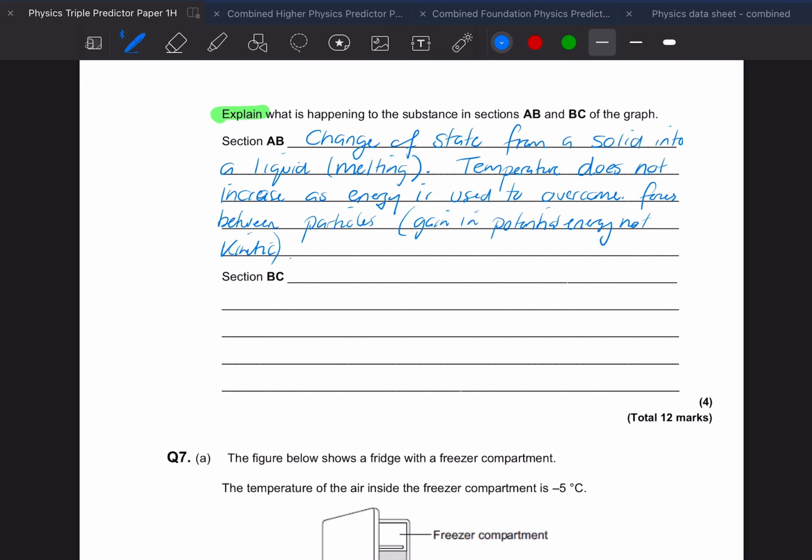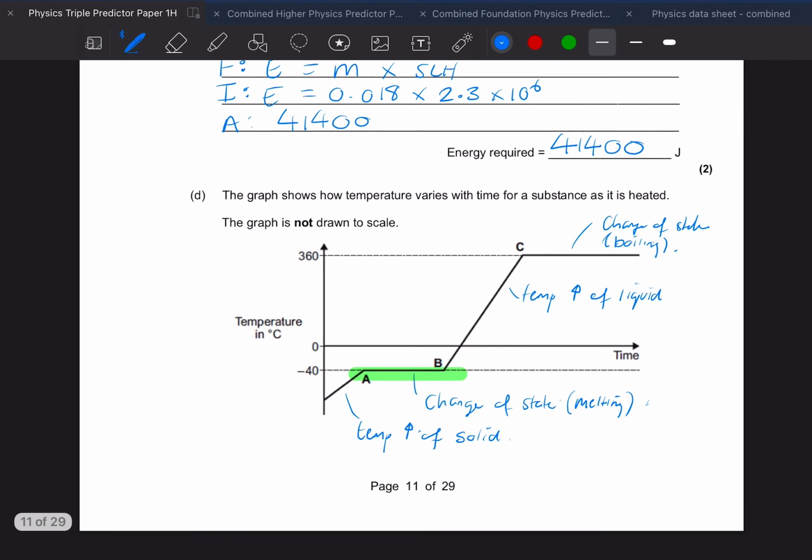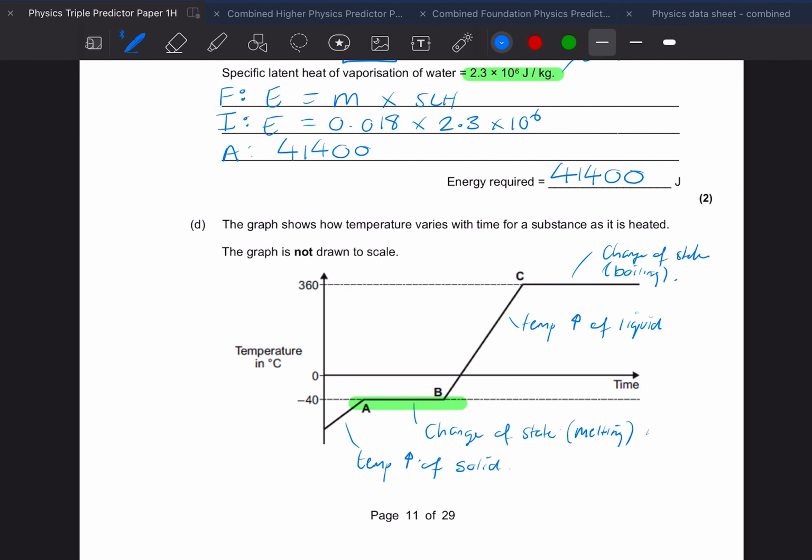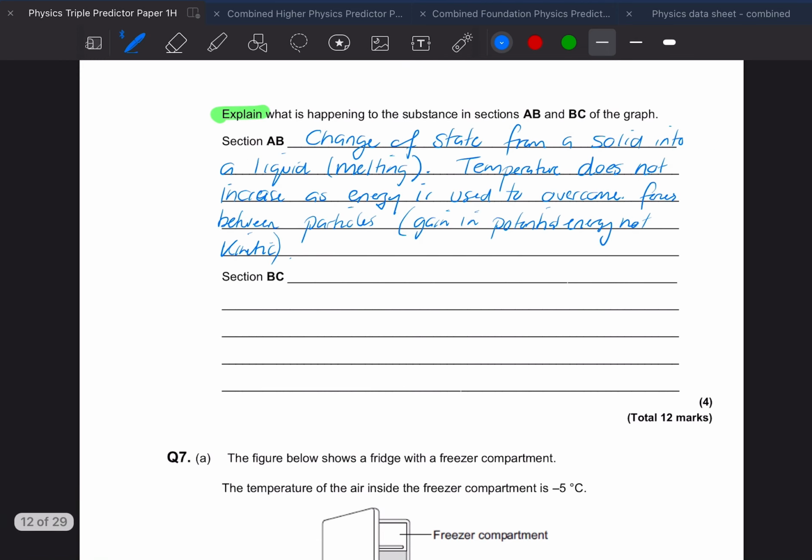Yep. Sections B and C. Okay, we have got a temperature increase here, and it's a temperature increase in the liquid from B all the way to C. So we have got the temperature of the liquid increases. So explain it.